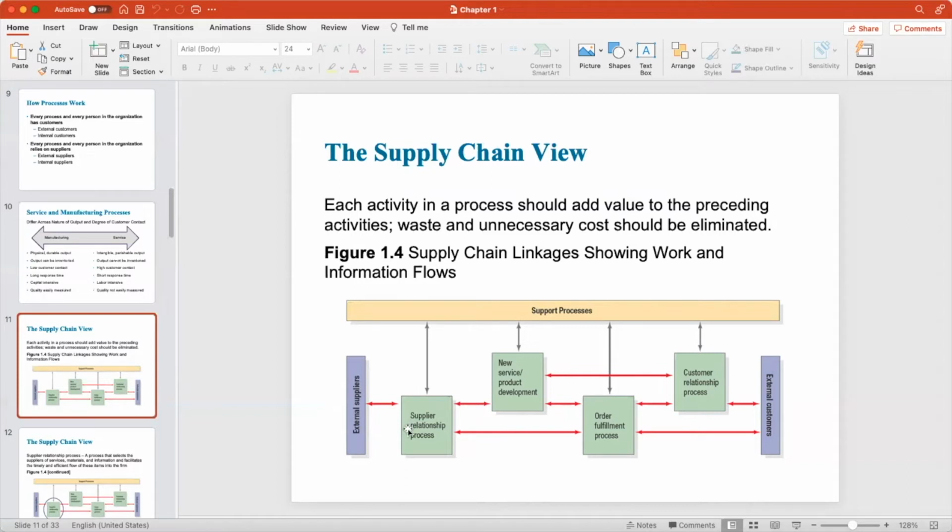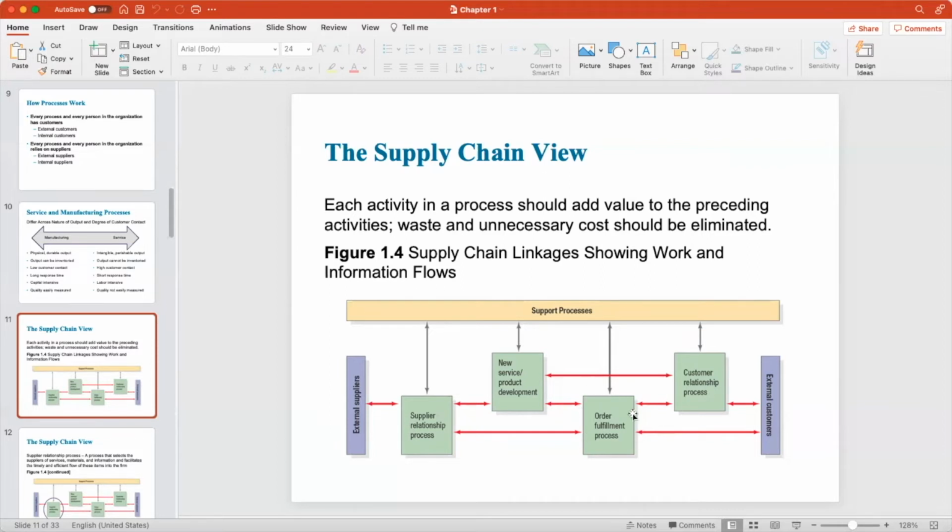And then after we get the raw material that we want, we start to design the new service or product based on, for example, our corporate strategy. After we design it, we start to produce the products that we really want, and that's going into this stage, the order fulfillment process.